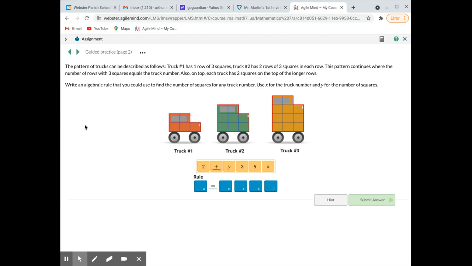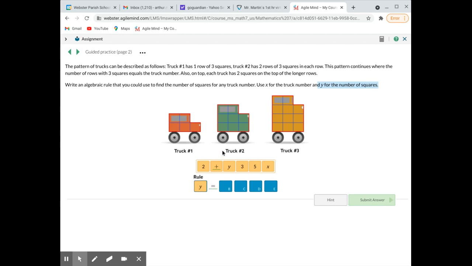So what are we trying to find? I got to speed it up, guys. Find the number of squares for any truck number. Yes, that's going to be Y. And then they said there's 3 squares in each row, right?